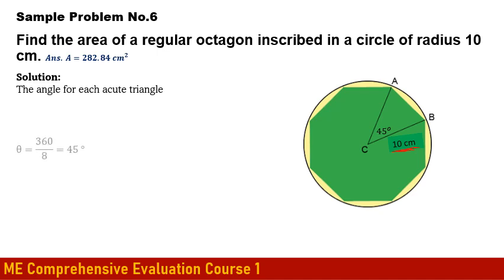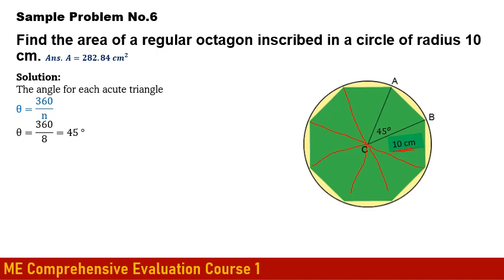First, we know from our knowledge that each of the angles is equal to the whole 360 degrees divided by the number of sides. So if you divide this octagon, it would actually have these 8 acute angles here, which correspond also to the central angle. So we have 45 degrees.